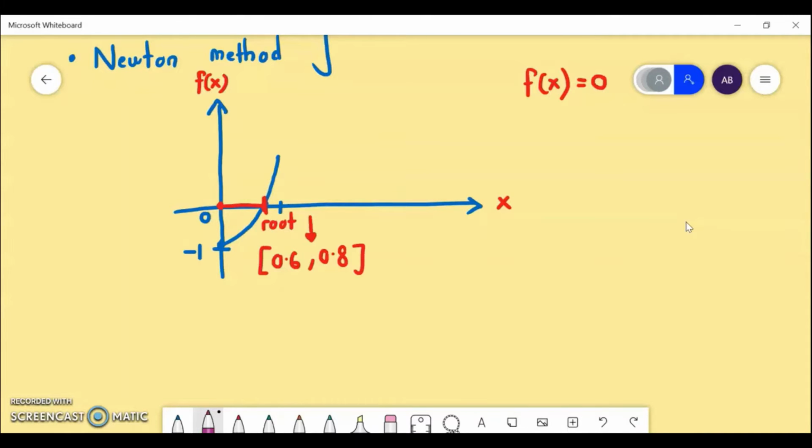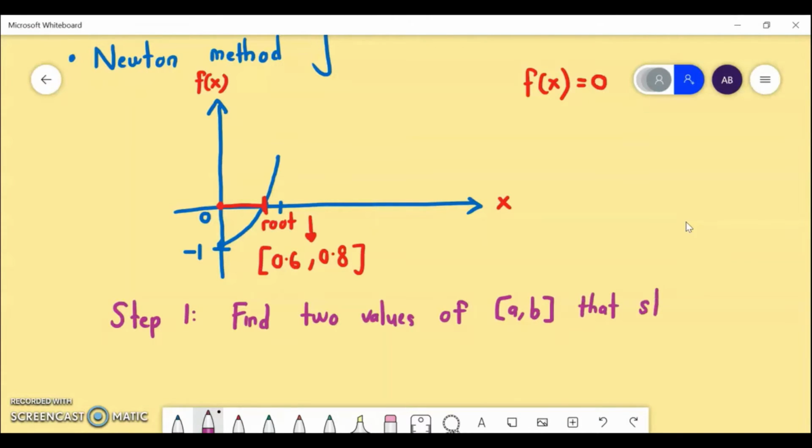The first step for the bisection method is to find two values a and b that satisfy the intermediate value theorem.